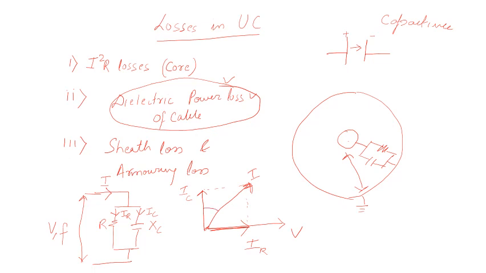There is an angle between your resultant current and your IC, and that angle we are calling delta. So what will this one be? This will be 90 minus delta.